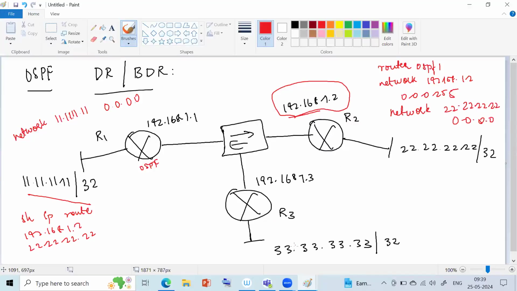And also, if you do the same thing on R3, you will see R3's 33.33.33.33 network also, right? You will also be able to see that network in the routing table of which one? R1.